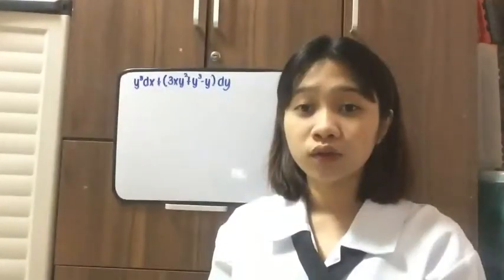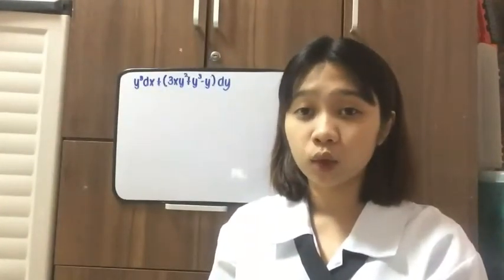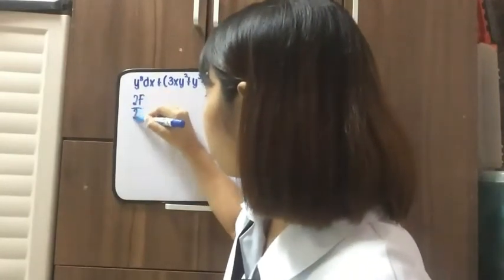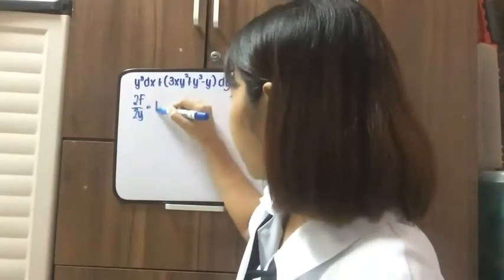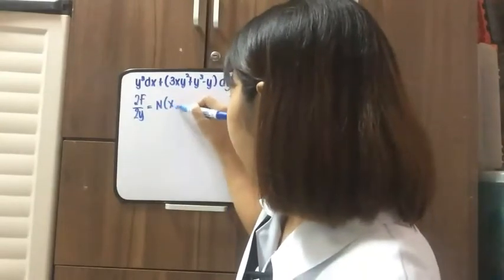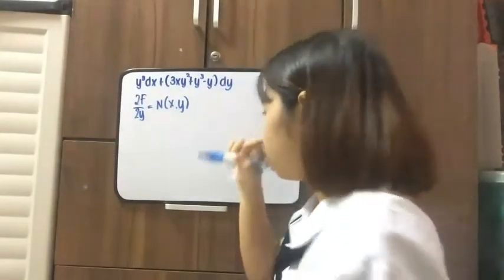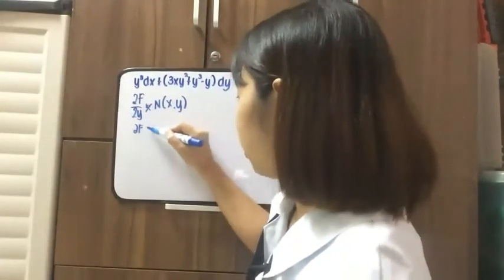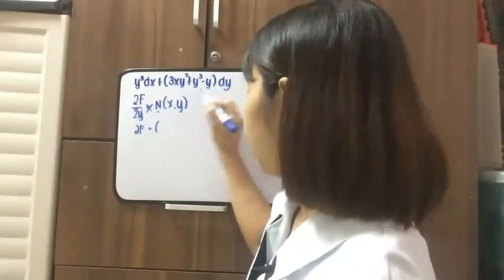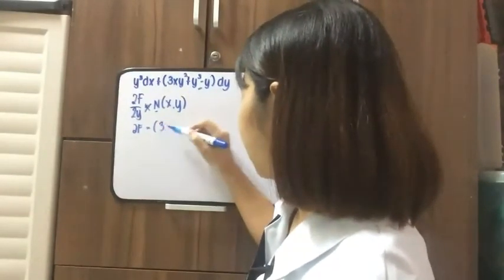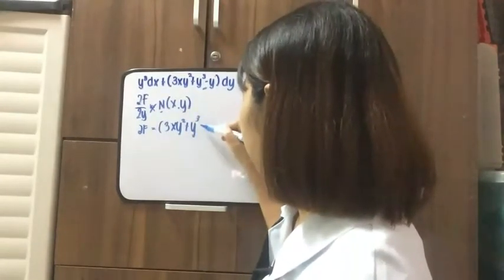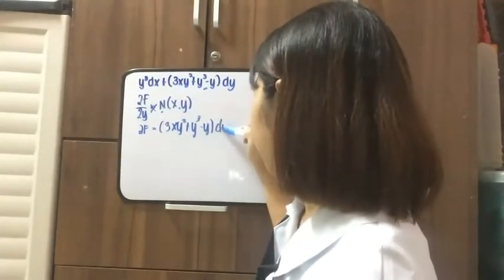Now, we are going to solve an exact DE with respect to y. In order for us to do that, we have partial derivative of f with respect to y equals N, quantity of x and y. So, cross multiply, we have partial derivative of f equals, so our N is this, 3xy squared plus y cubed minus y dy.